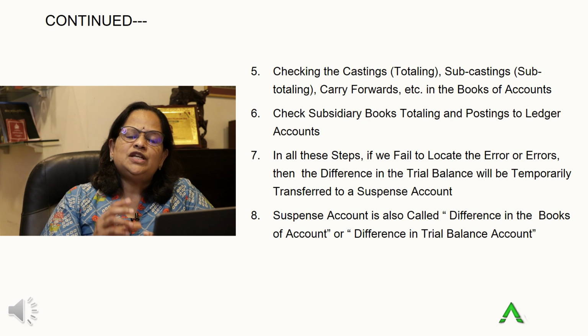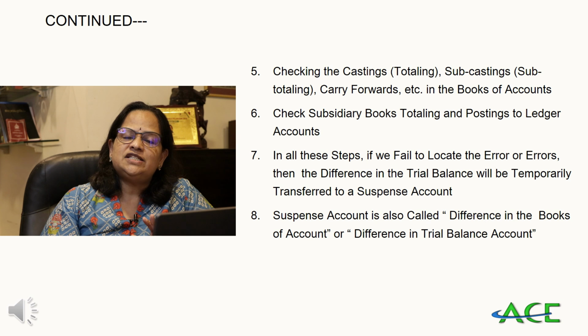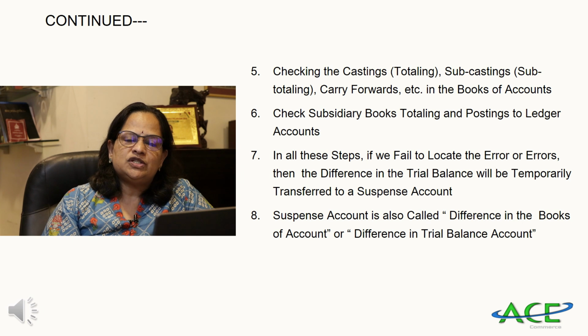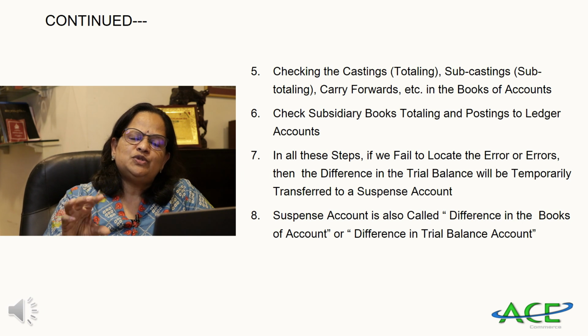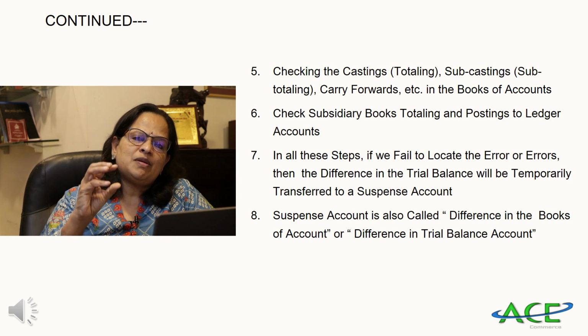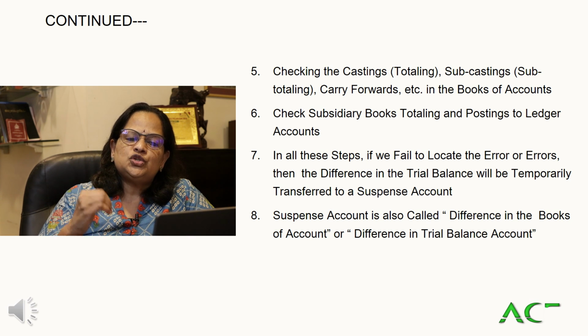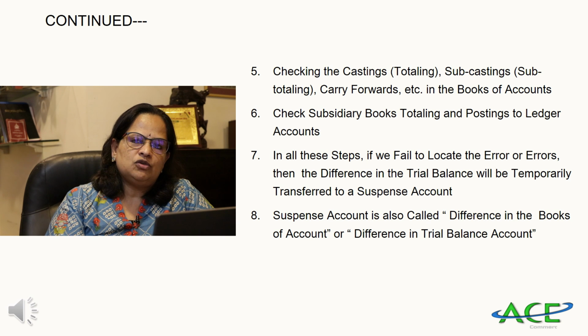Next is checking the totaling, that is casting. Casting means totaling, subcasting means subtotaling, and carry forward in the books of accounts. All this we are checking, minute steps, so that it's possible from our side to tally the trial balance. Now check subsidiary books totaling and postings to ledger accounts. Again, this procedure we are repeating.